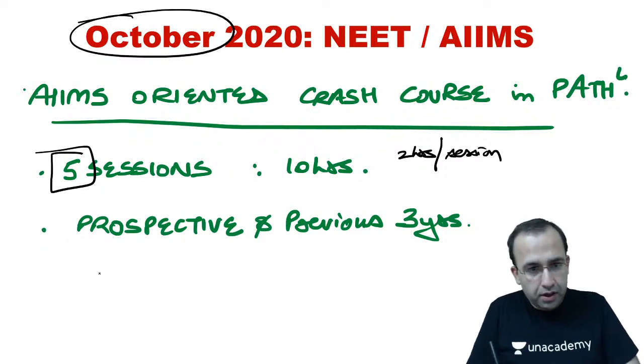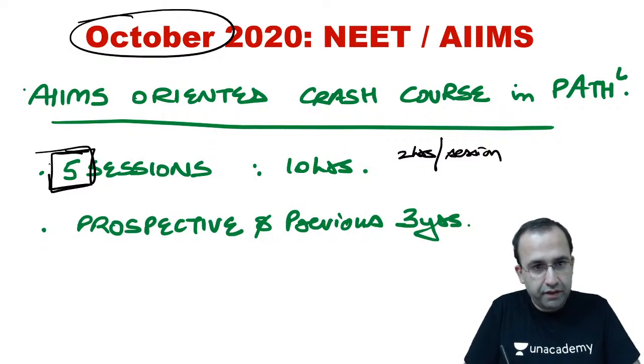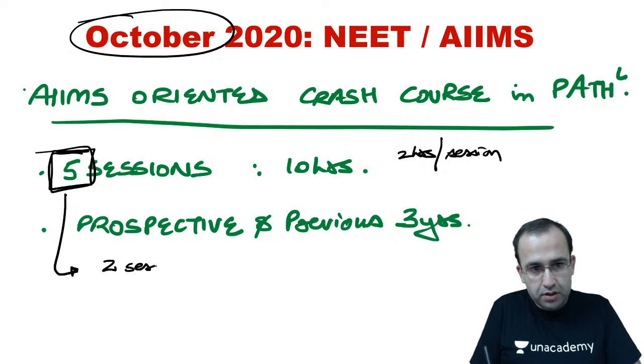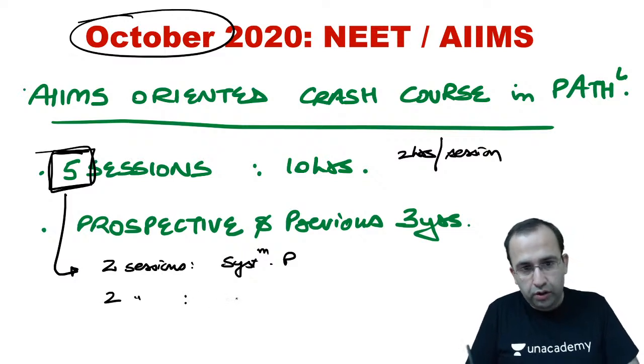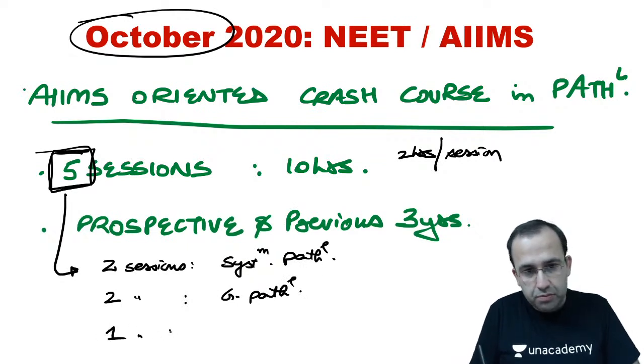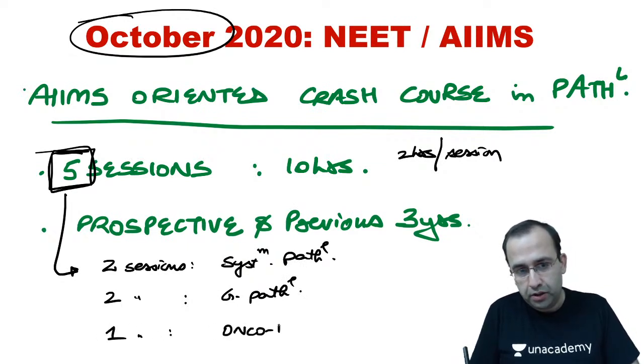I will be dividing these 5 sessions into 2 sessions of systemic pathology, in this sequence only, 2 of general pathology, and the last session of hematology, with much more stress on oncohematology.